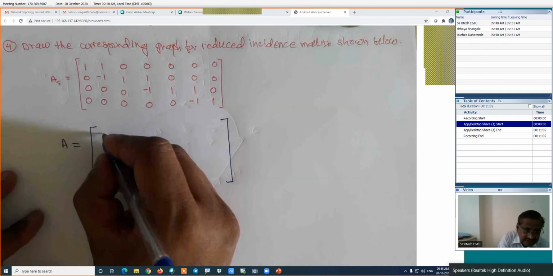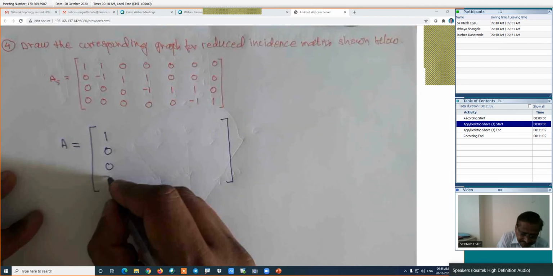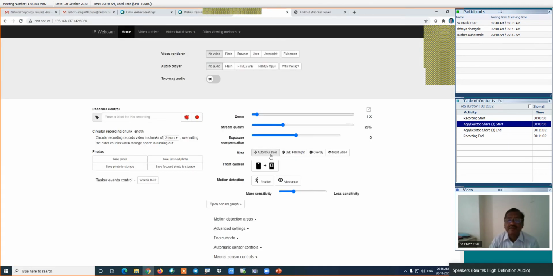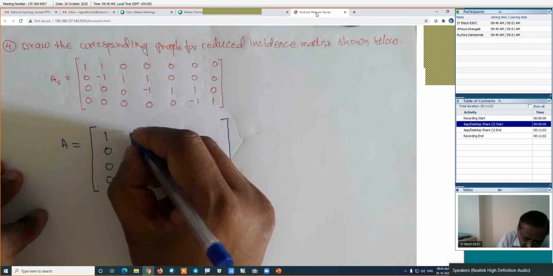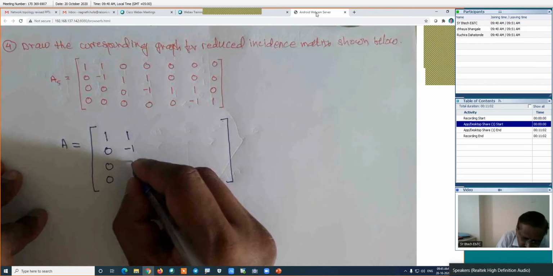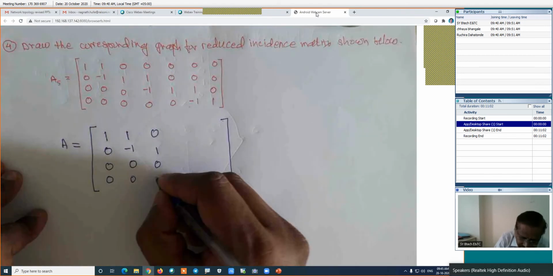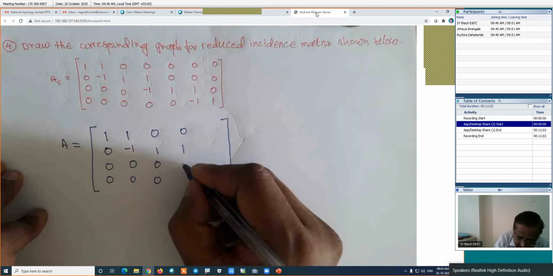This is 1, 0, 0, 0. This is available. That is the case 1, 0, 0. Here, then we have 1, minus 1, 0, 0. This is 0, 1, 0, 0. Is it right? Third, then this is 0, 1, minus 1, 0.